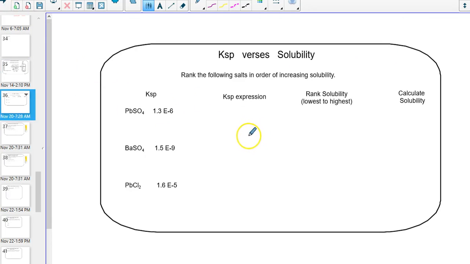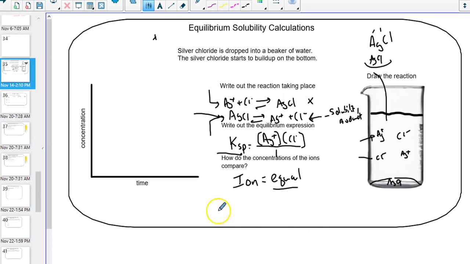One thing I'll mention is why we use this particular equation. A couple of things you want to note about Ksp: it's not referring to the dissolving process up top.